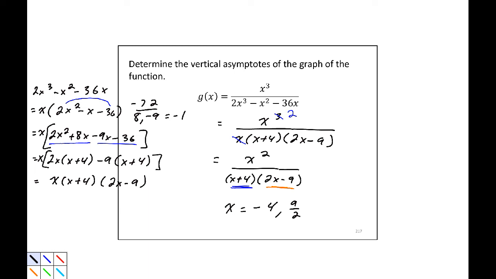Those are the vertical lines x equals negative 4, and x equals 9 over 2. The factor that I canceled, the x, if x is 0, that would be a removable discontinuity. Those are the vertical asymptotes we're after.